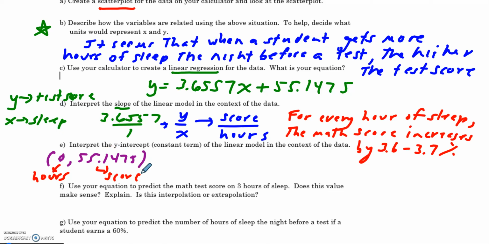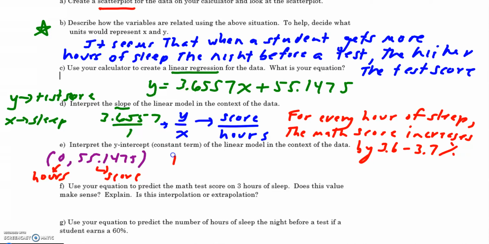So what this means to me is at 0 hours of sleep, your score would be a 55%, which means you definitely knew something before you walked into the test, though, because you're still getting a 55%, over half of it correct with no sleep. Not terrible, but I'm sure a lot of you want to do much better on this test than that.